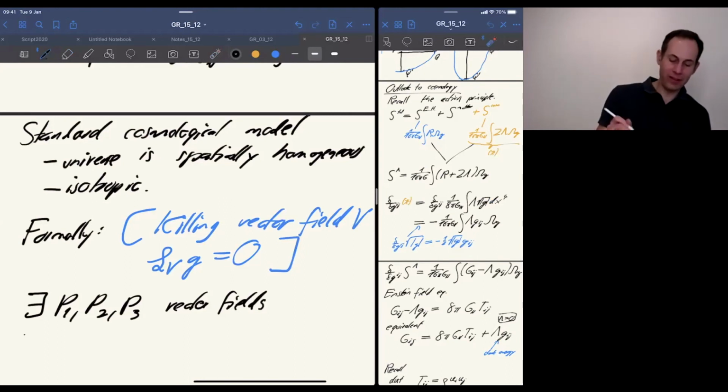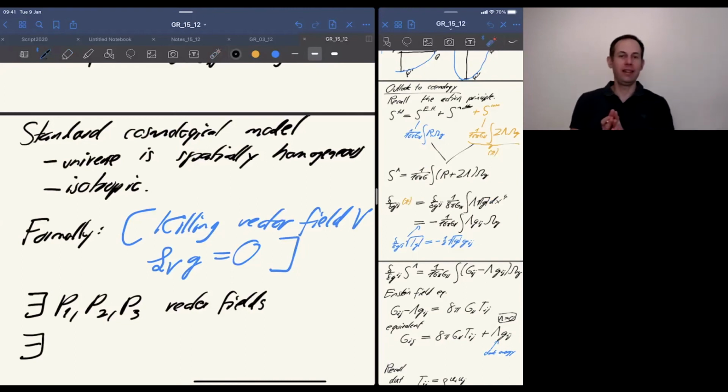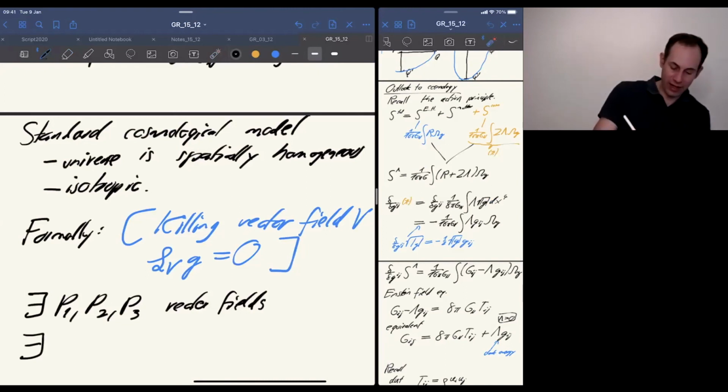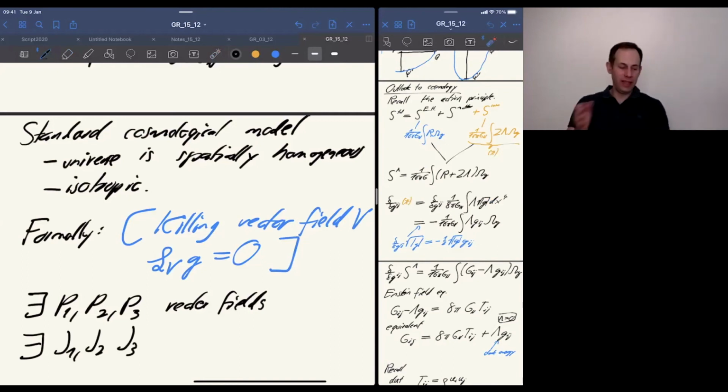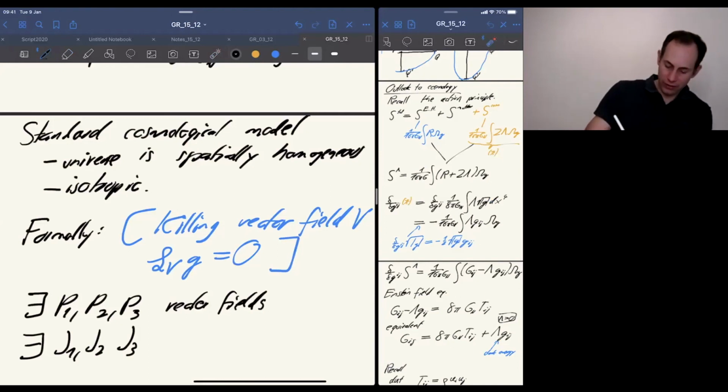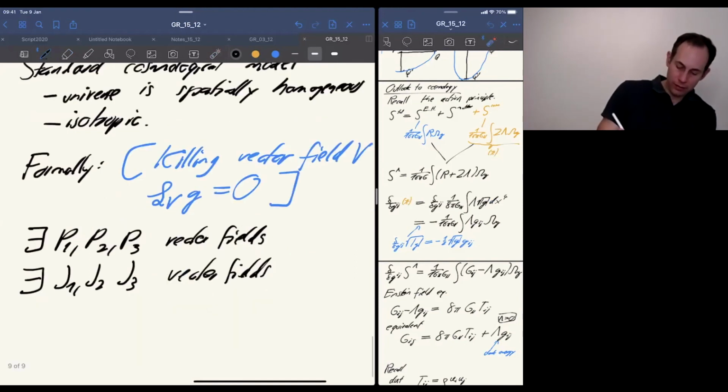And also the isotropy means I can rotate, and I can of course also rotate in three directions. So there also exist three vector fields that somehow correspond to rotation. These are again vector fields, which are all, they're just all Killing vector fields.